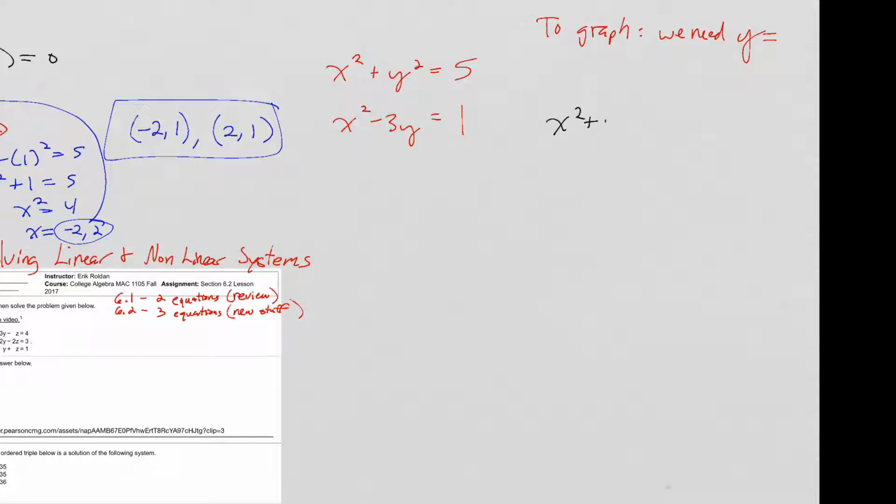So for the quadratic, we've got to solve for y in each case. So we want to go ahead and move the x term over, and then divide by 3.